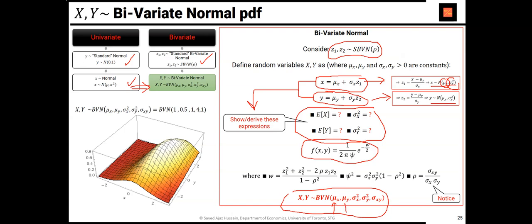You need to know mu y, which is the mean of the y distribution, which behind the scenes you know is normal. You need sigma squared x, the variance of the x distribution, which is normally distributed, and sigma squared y, the variance of the normal y distribution, which you also know has a normal distribution behind the scenes.